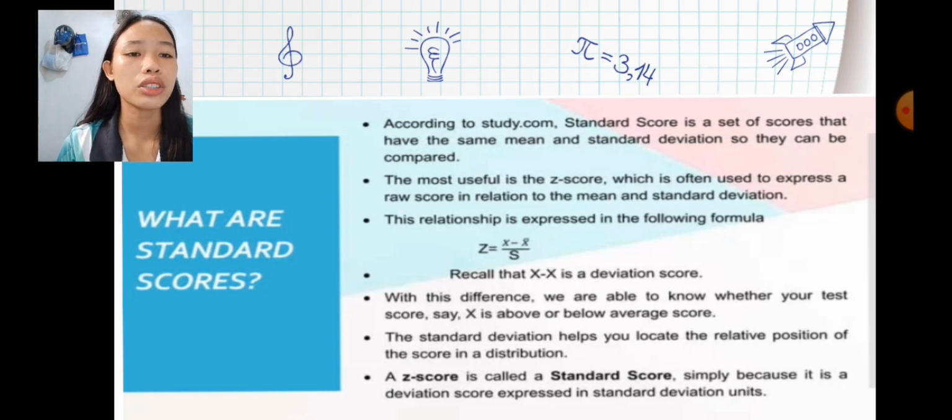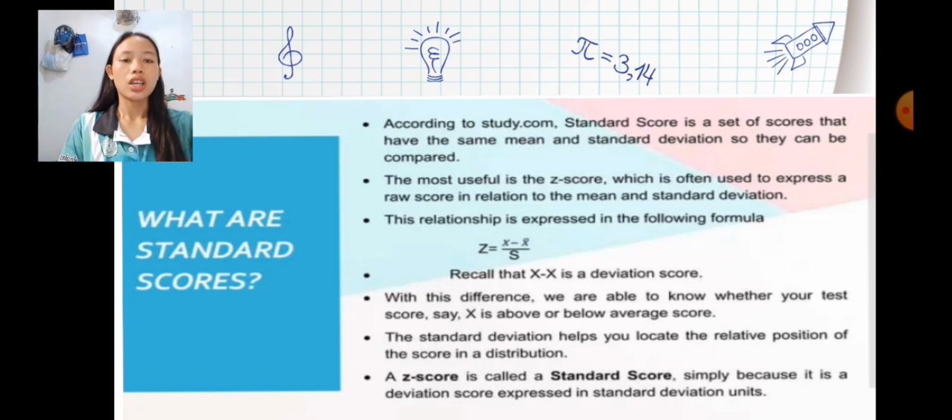The standard deviation helps you locate the relative position of the score in a distribution. So a z-score is called a standard score simply because it is a deviation score expressed in standard deviation units.